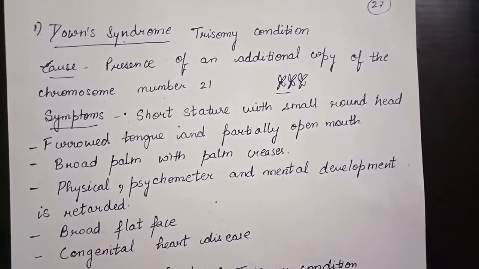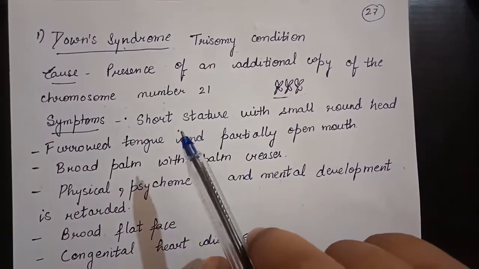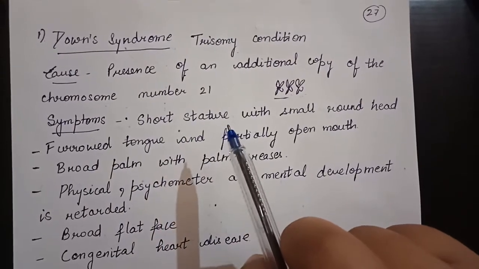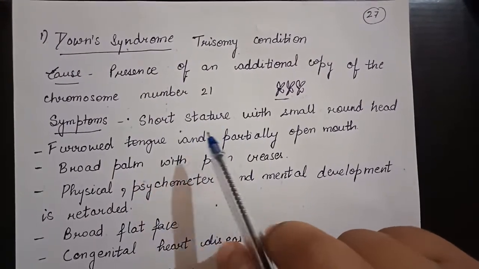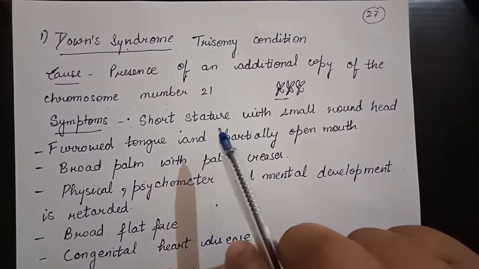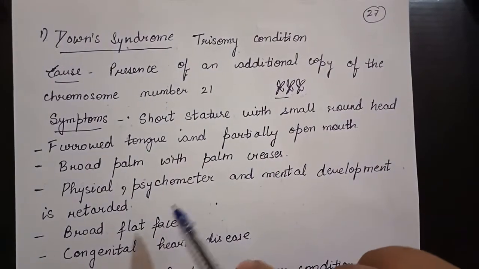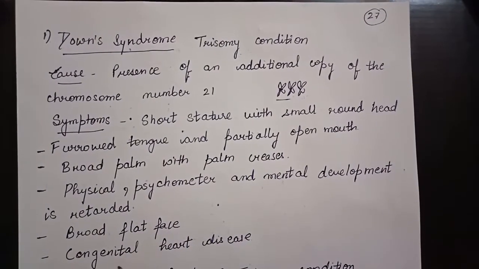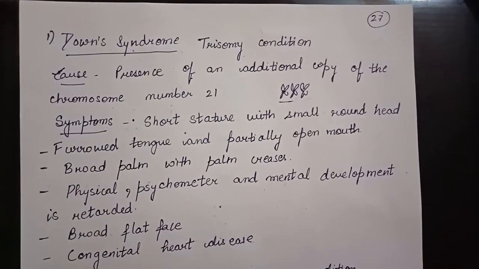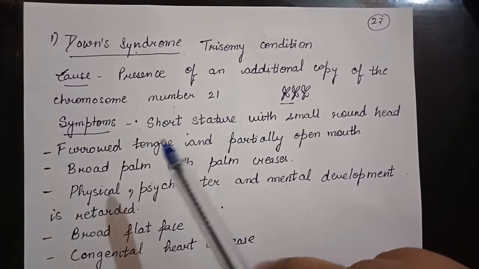Now next, what are the symptoms related to it? That is short stature, meaning a very small height. Also a small round head, with a flat back of the head, the head being flat from behind.